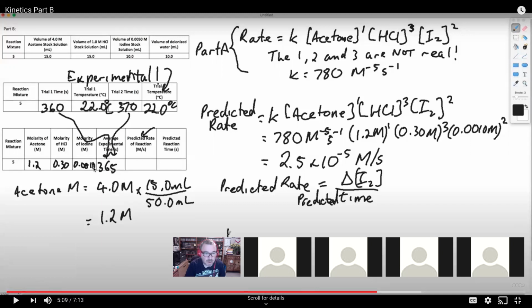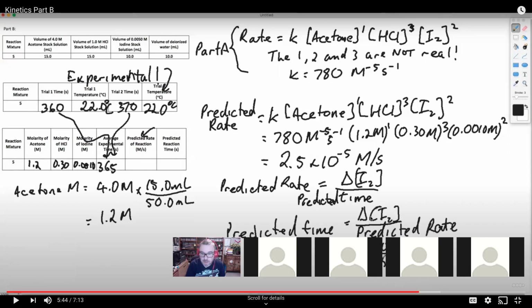You get to compare that time to the time that's in the data, and you'll see that when you go into it. So you're actually not calculating this time. You're calculating a time based on data that you've got up here, which involves these different concentrations, and then you'll be able to calculate this predicted time based on the rearrangement of this equation here. So you'll take the change in I2 over the predicted rate, which we get from here, which will give us a predicted time, which you can then compare to the time in the data.